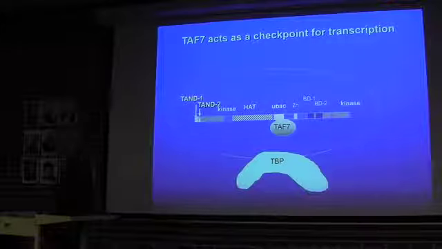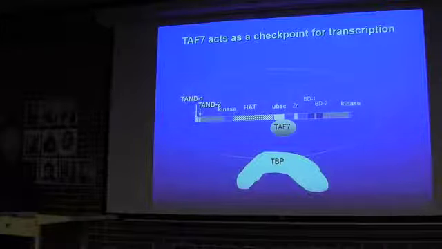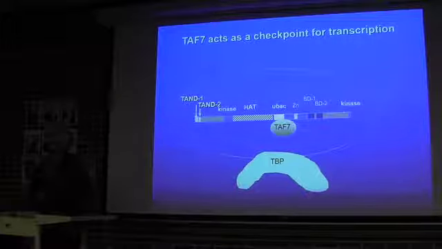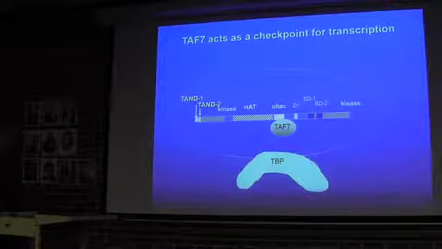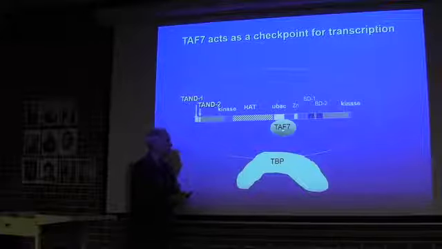There's a slide that shows how it works. But let's take a little detour now and look at how TFIID is involved in regulating the building of the pre-initiation complex. It serves as a checkpoint. So here you see one of the TAFs, TAF7.